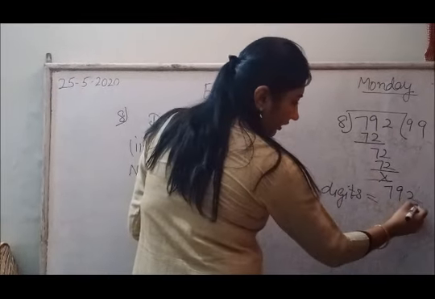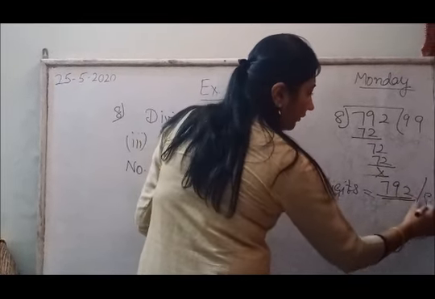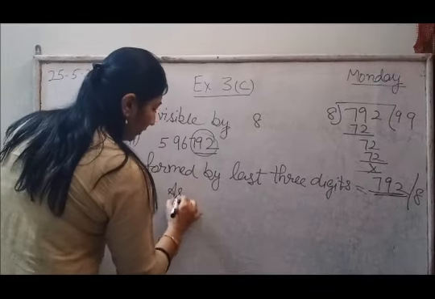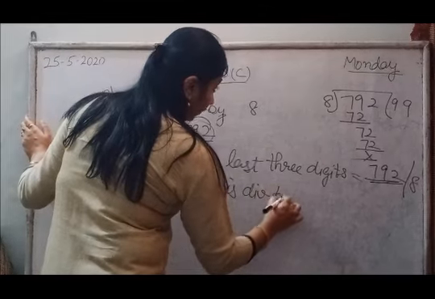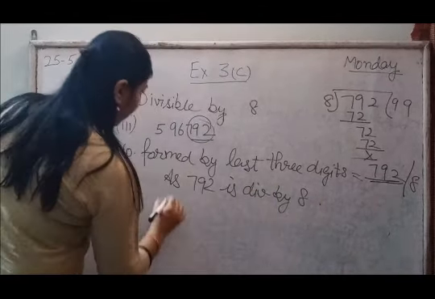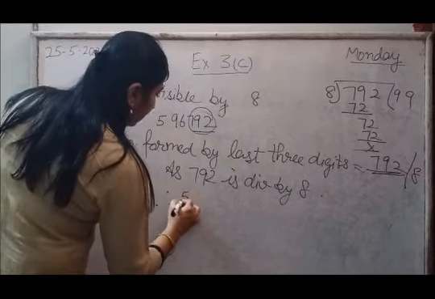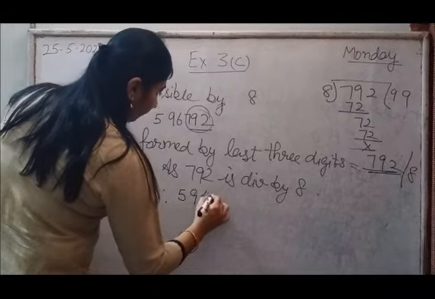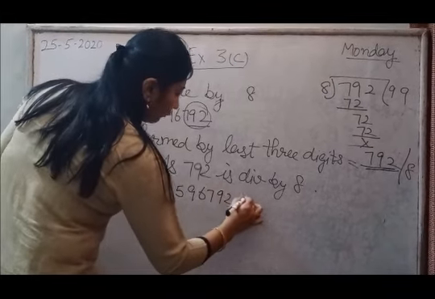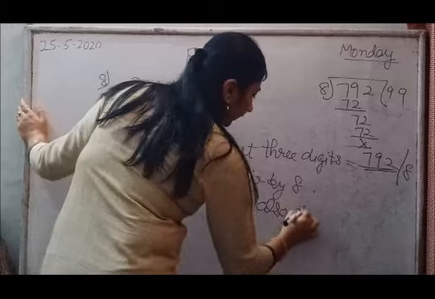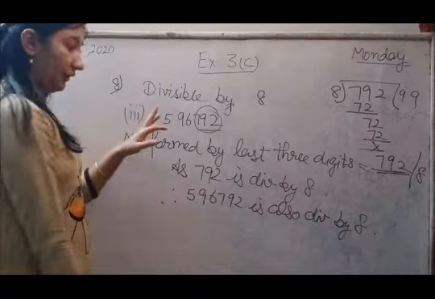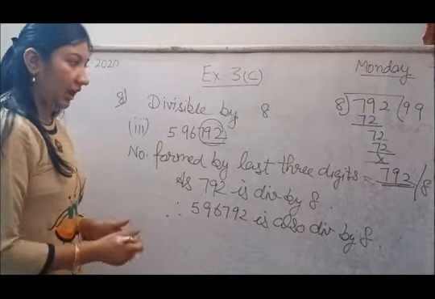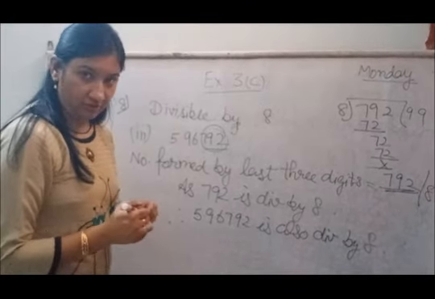So 792 is divisible by 8. As 792 is divisible by 8, therefore the given number, 5,96,792, is also divisible by 8. It means in case of 4, you have to check the last 2 digits. In case of 8, you will check the last 3 digits.